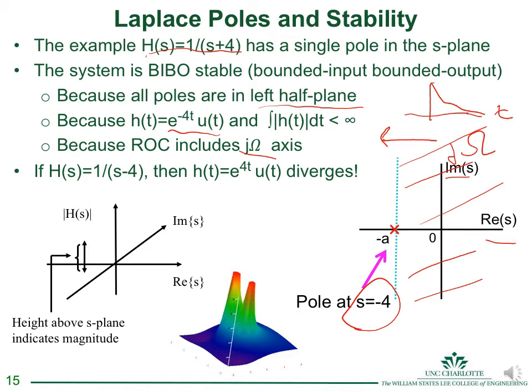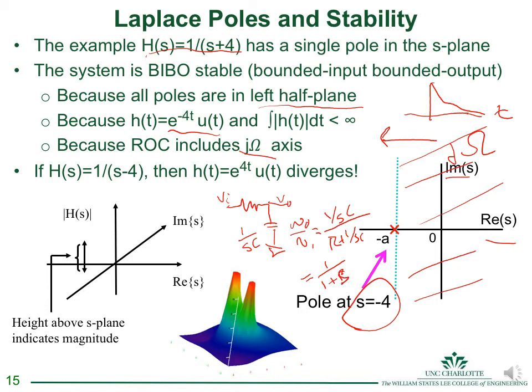If we have an R and a C, the capacitor impedance is 1 over sC, as a voltage divider. If this is V in, this is V out. V out over V in equals 1 over sC over R plus 1 over sC, and that equals 1 over 1 plus s times RC.